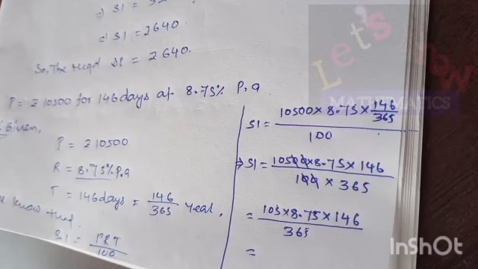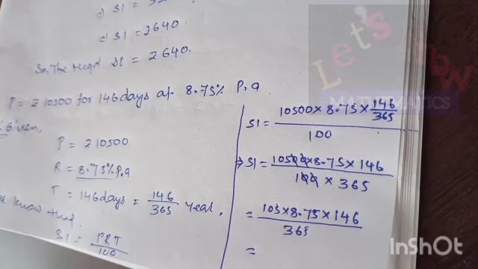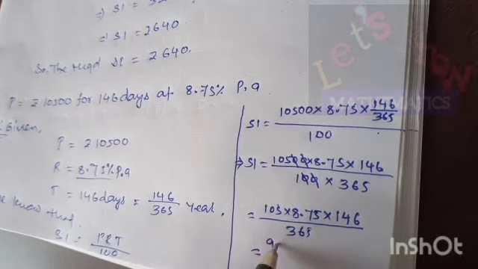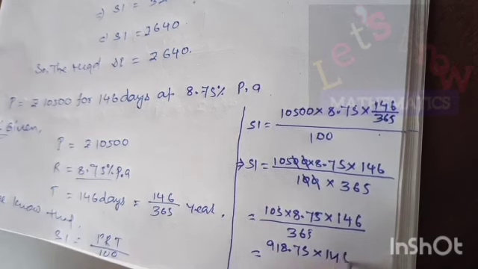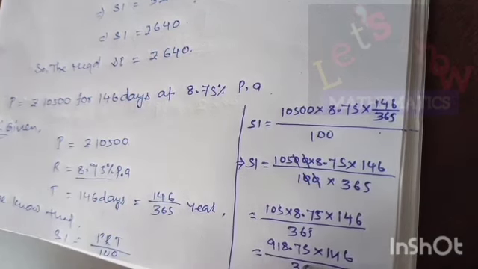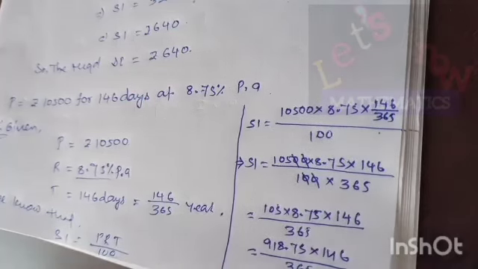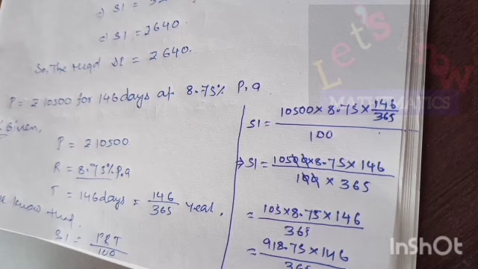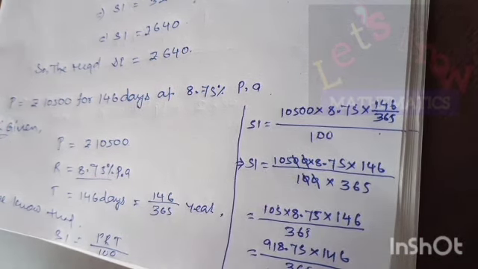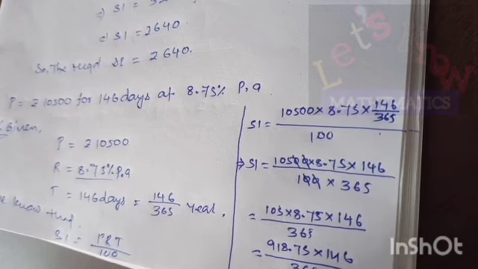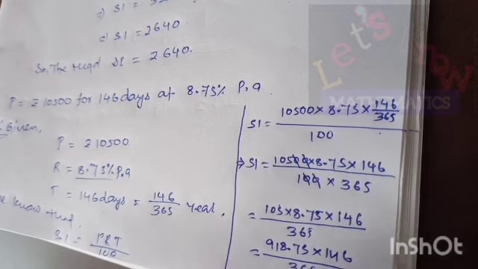So now you see, 105 into 8.75 means how much are we getting? 918.75 into 146 by 365. If we multiply 918.75 into 146, we get 134137.5.